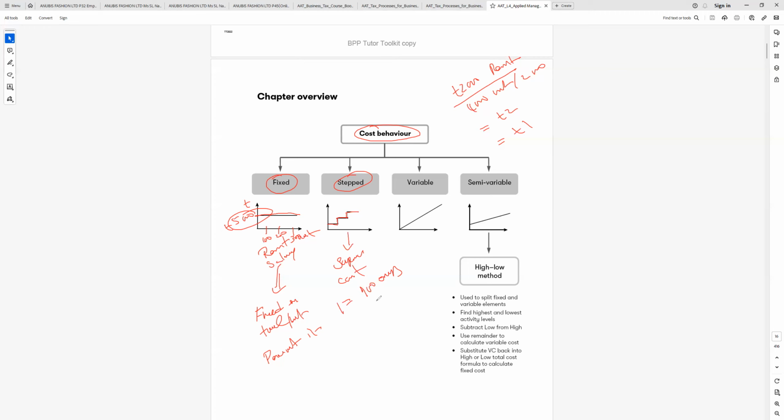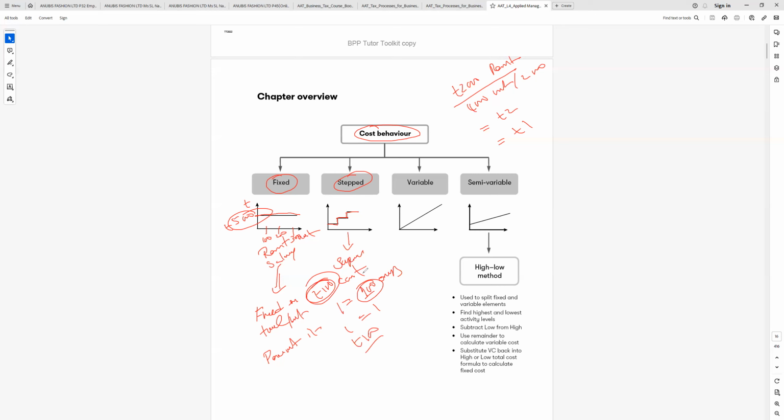For example, for 1 hour for 100 employees' supervision, maybe a supervisor charges £100. Even for 101 people, the supervisor needs to spend another hour, so he will charge another £100. That means up to 100 people the cost is fixed at £100, and even for one extra unit, the cost will jump by exactly the same amount.